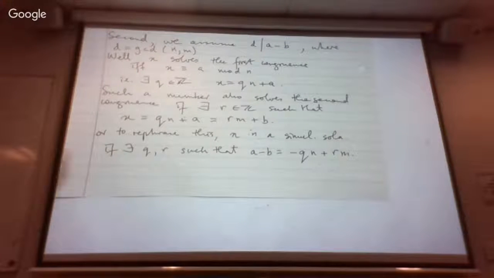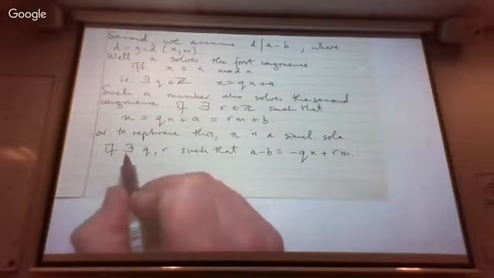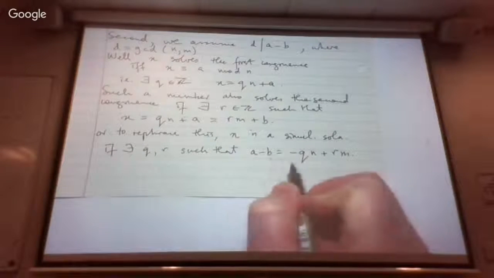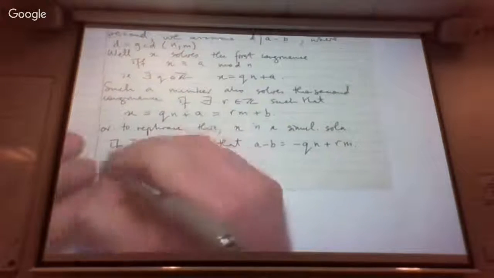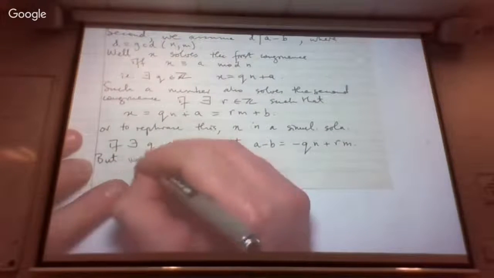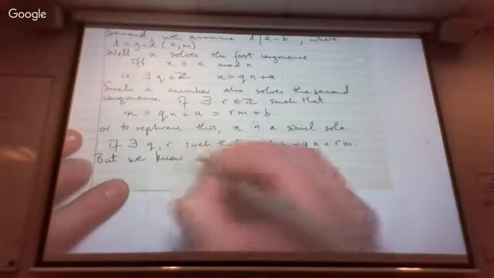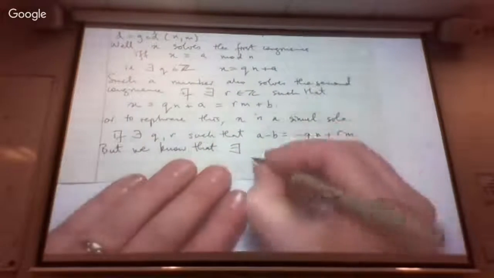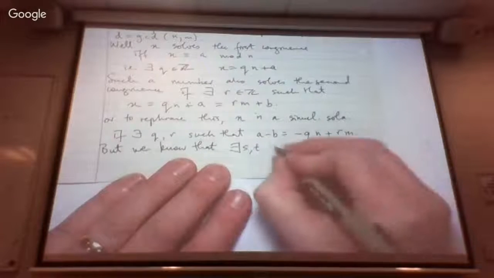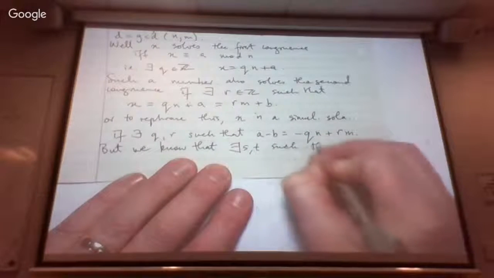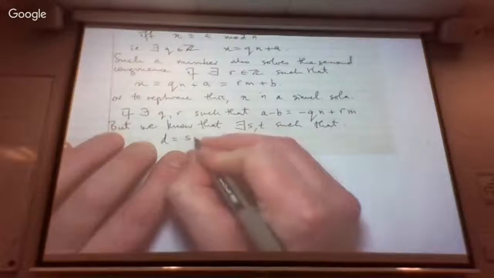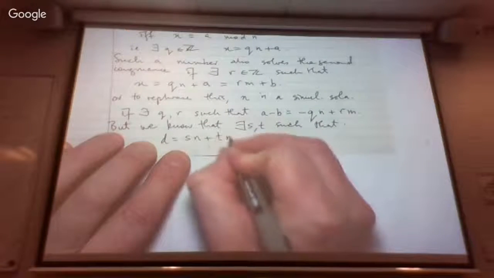The simultaneous solution exists if there exist the q and r that make this happen. But we know that there exist, I won't call it q and r, I'll call it an s and t, such that D, the greatest common divisor, is sn plus tm.